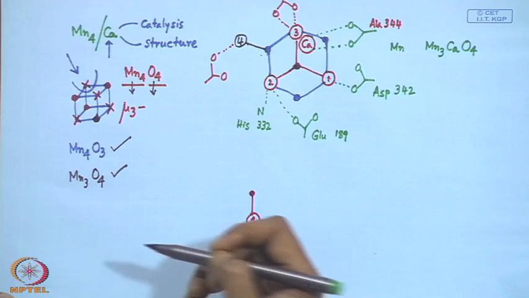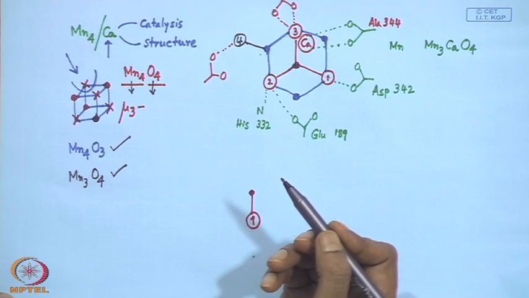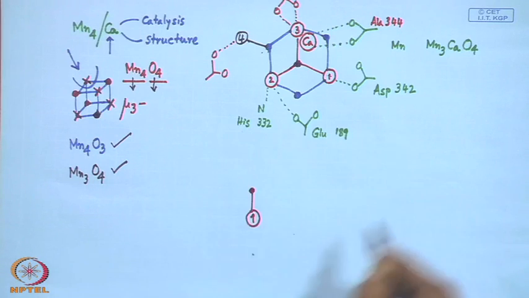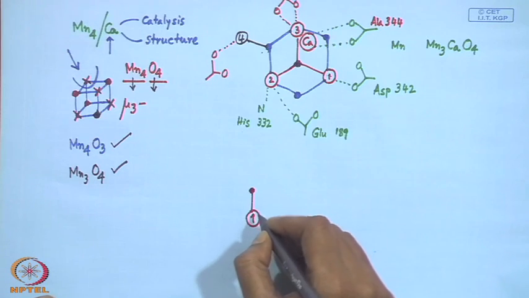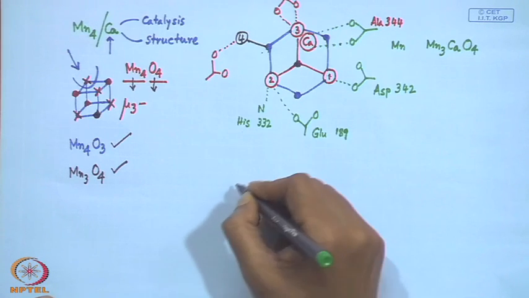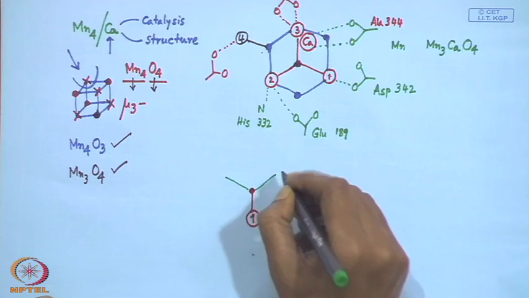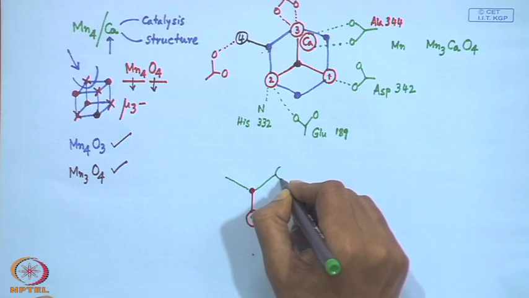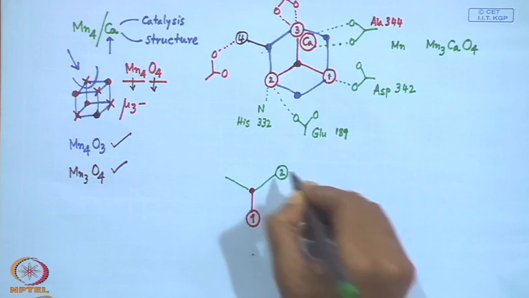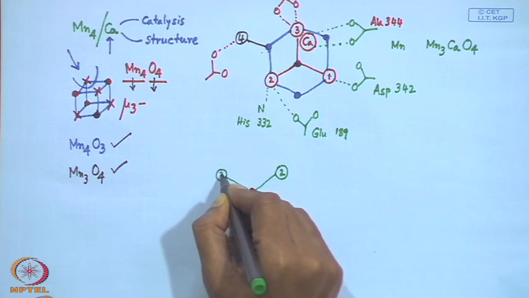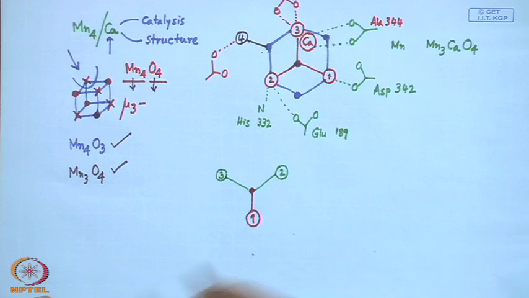The position of manganese and the position of oxygen can change. That is a typical structural change for the entire complex. So, this one is connected with this central oxygen, and 2 is now over here, and 3 is here.